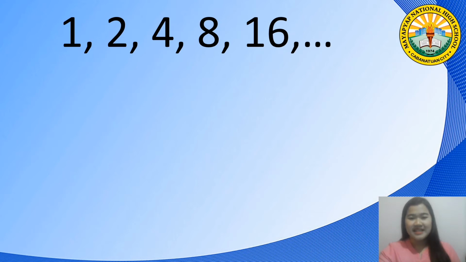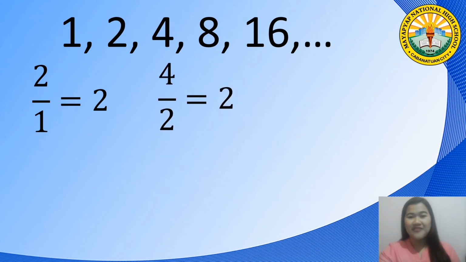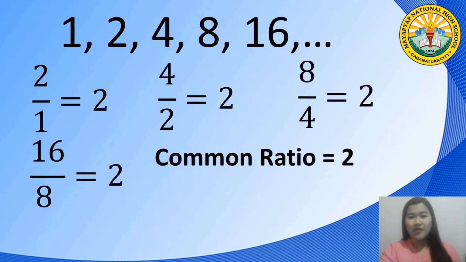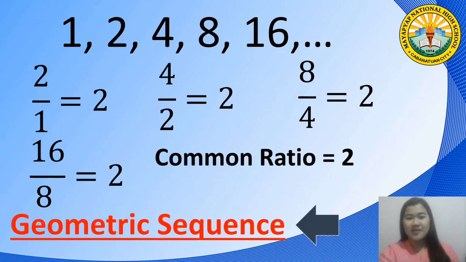As you can see, if you divide 2 by 1, it is equal to 2. 4 divided by 2 is equal to 2. 8 divided by 4 is equal to 2. And 16 divided by 8 is also equal to 2. There is a common ratio which is equal to 2. So, it is a geometric sequence.